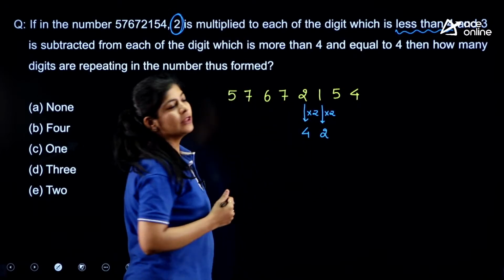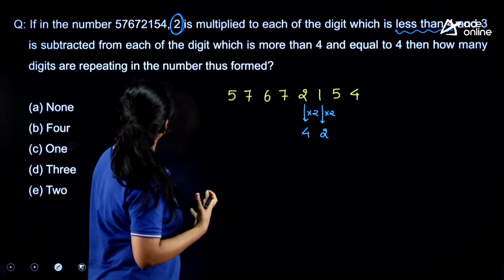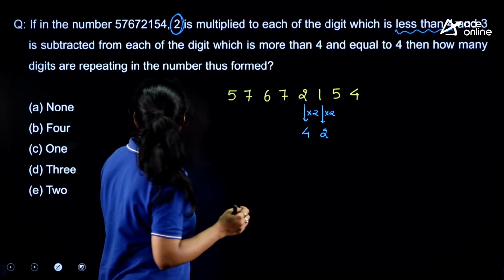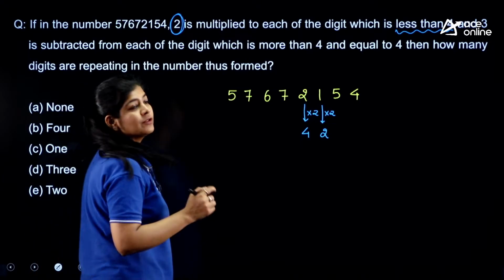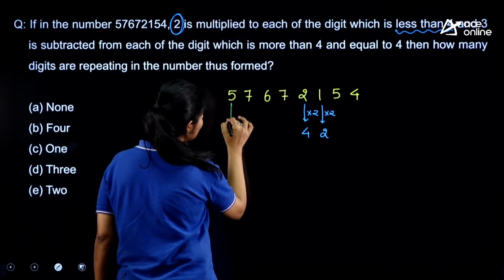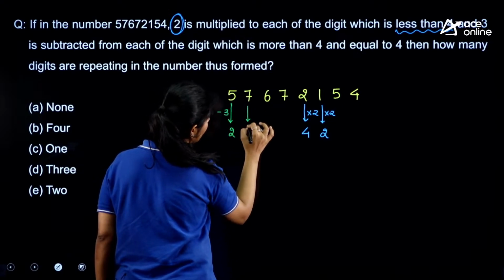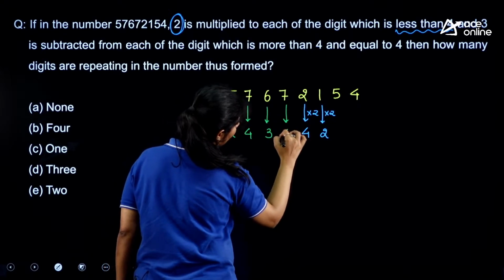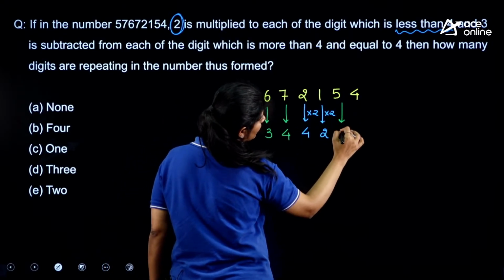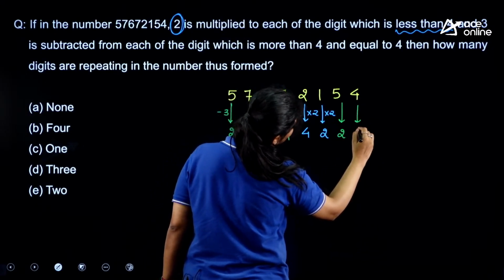Apart from that, all the numbers are greater than or equal to 4, so we have to subtract 3 from them. If I subtract 3, I'll get 2, here 4, here 3, here 4, here 2, and here 1, right?